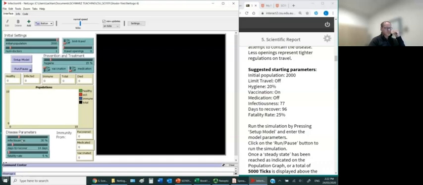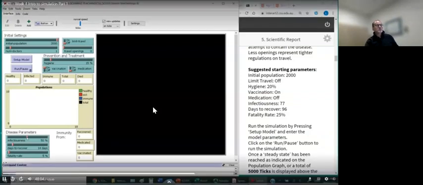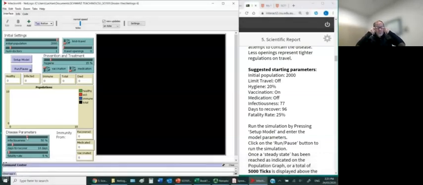I can't remember exactly off the top of my head. That is different to what we have here. If we have infectiousness set at 100%, then 100% of the population will get infected. If we have it set at 50, then 50% of the population will get infected. And this infectiousness is something that we'll talk about a little bit in the lecture.